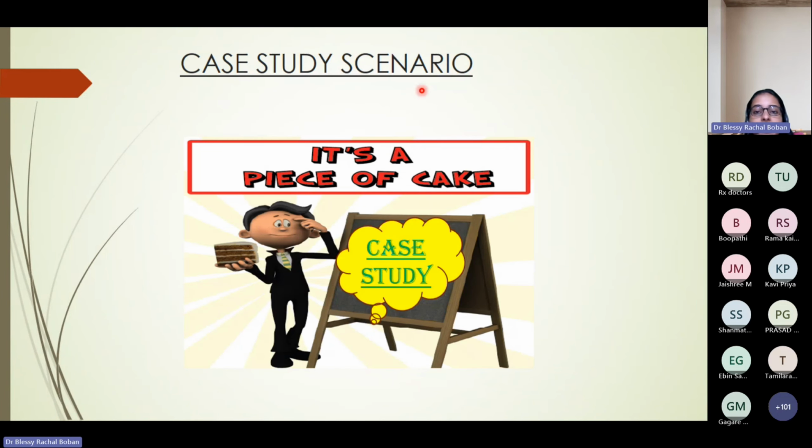And regarding case study scenarios, you should have the skill to analyze case scenario questions. It's something different from all other sections of questions. You have to analyze it properly. And it's actually a piece of cake, I can tell you, because it's very easy once you understand how to do the analysis.